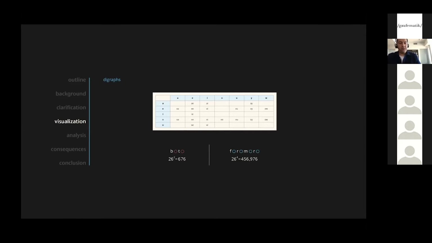As a result, the updated combination possibilities for the BT example, when we add either a single grapheme or a digraph only after each consonant grapheme and not before, will be 26 to the power of 2, a total of 676. And with the same criteria, we will have 26 to the power of 4 possible formations for the FRMR example, a total of 456,976.